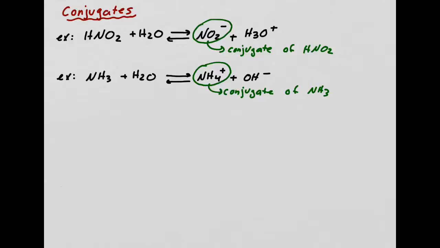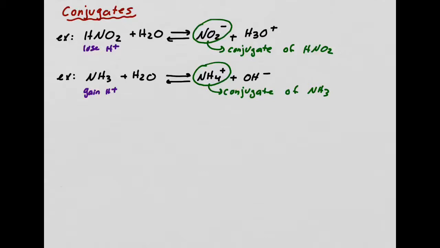Acid loses H plus, base gains H plus. So after acid loses a hydrogen, the species left behind is the conjugate. After base gains a hydrogen, that species becomes your conjugate. So far, so good? Okay.